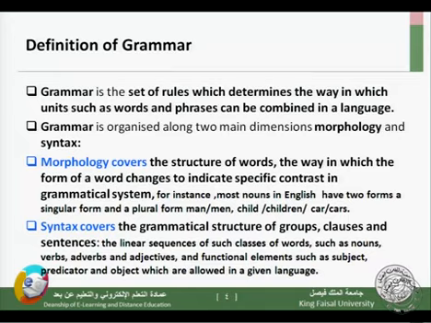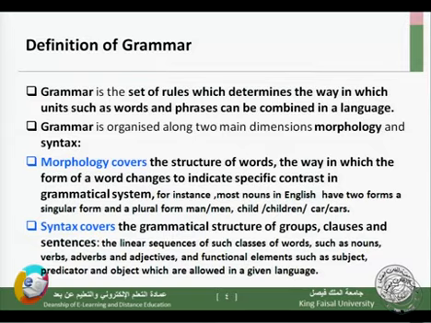And since then, they have been using syntax instead, or as distinct from grammar. But to be honest, both of them, grammar and syntax, are the same. But syntax is a modern way of looking at grammar. You understand?